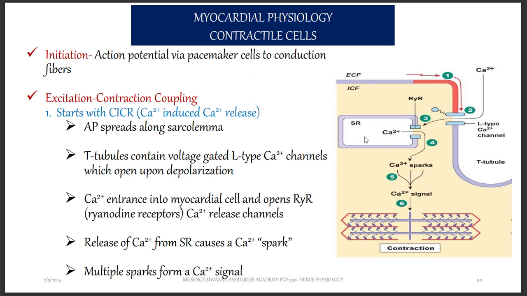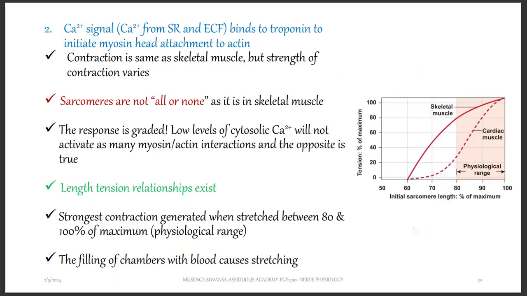When that happens, calcium in the sarcoplasmic reticulum is released. When calcium is released from the sarcoplasmic reticulum, that causes a spark. So there's an increase in calcium, and that causes multiple sparks, which cause contraction.